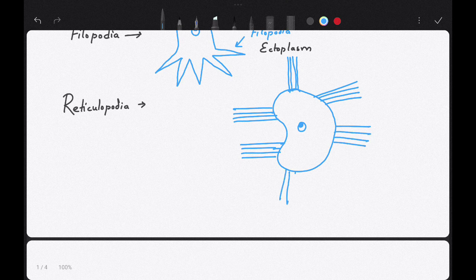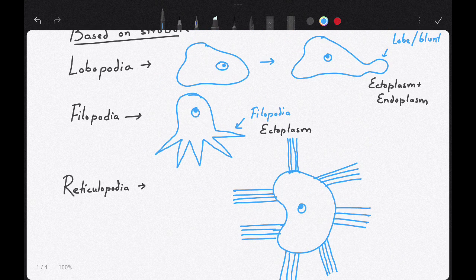So their basic function is to capture food or gather food. Their secondary function of reticulopodia is locomotion. In these two cases, you have seen that their basic function is locomotion.